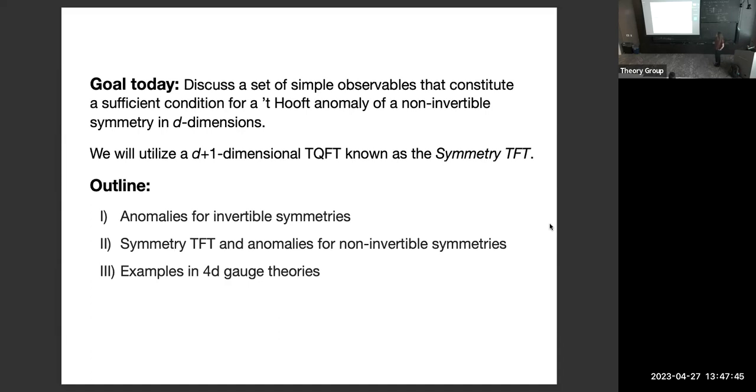And so you should ask, what can we learn about 't Hooft anomalies of non-invertible symmetries? And so today I'm going to tell you about one basic test you can throw at a quantum field theory with a possibly non-invertible symmetry in D dimensions to test for the presence of such a 't Hooft anomaly.